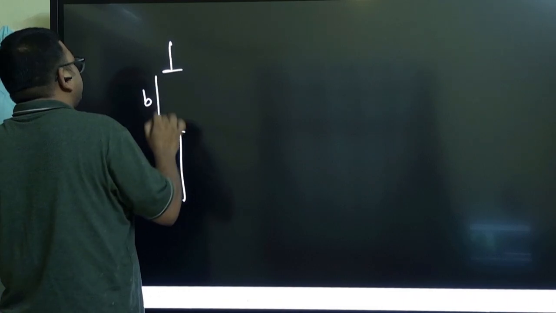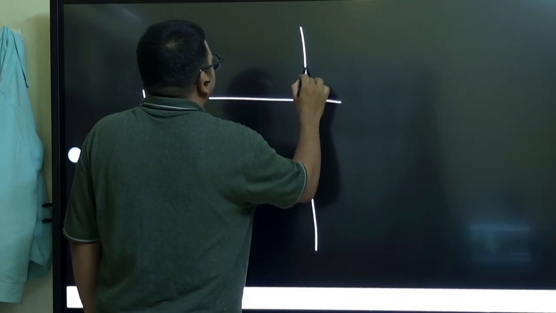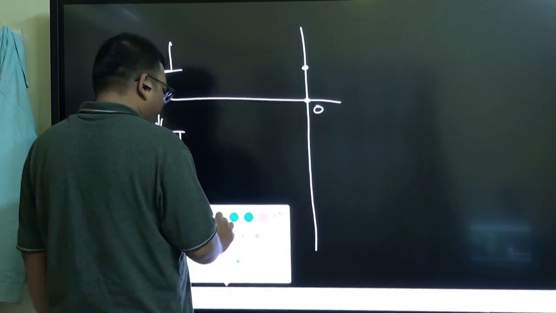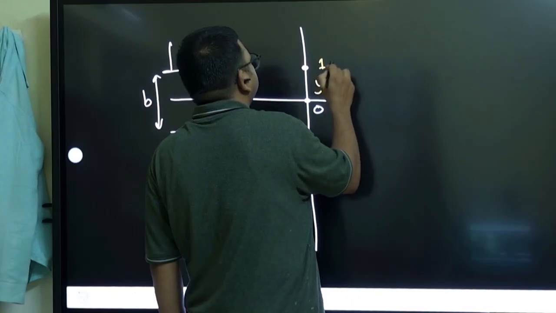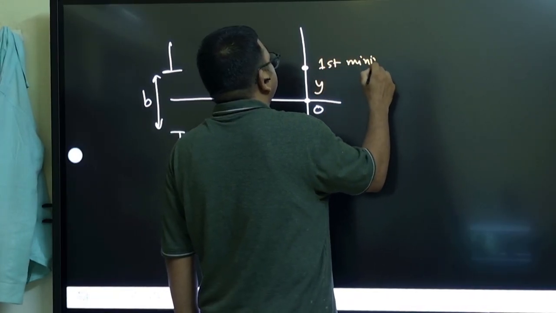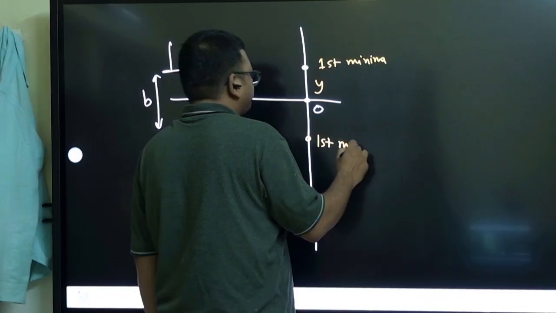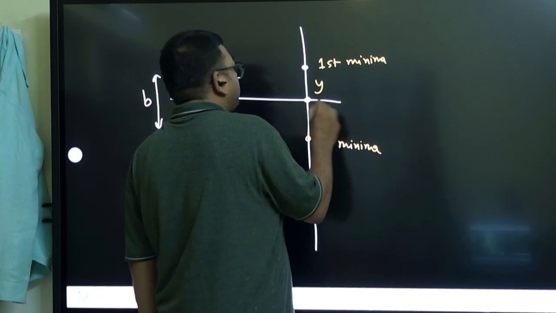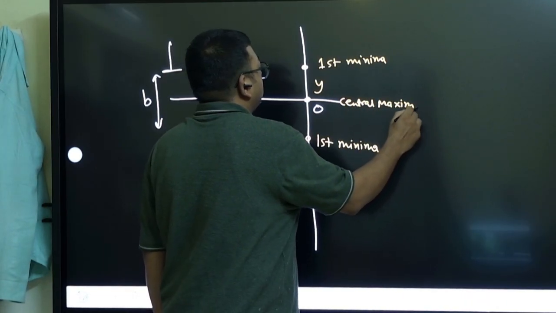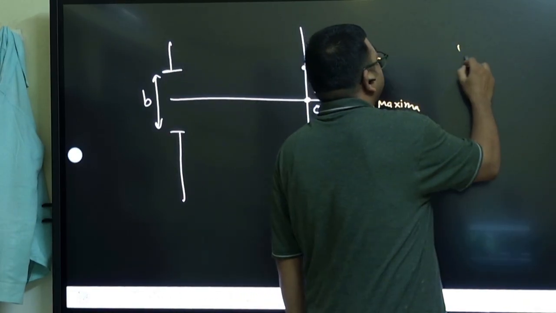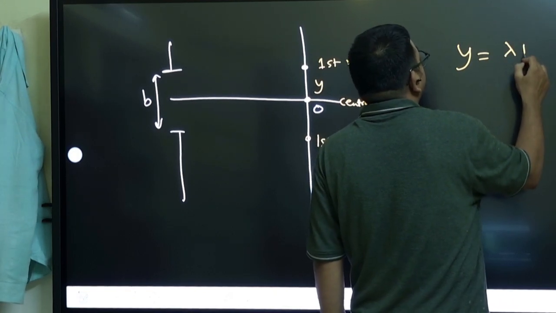If this is b and this is the screen, and this is the first minima, this side also first minima, and the central maxima will happen here. So for the first minima condition, as I told, y is equal to n lambda D by b, where n is 1, so lambda D by b.